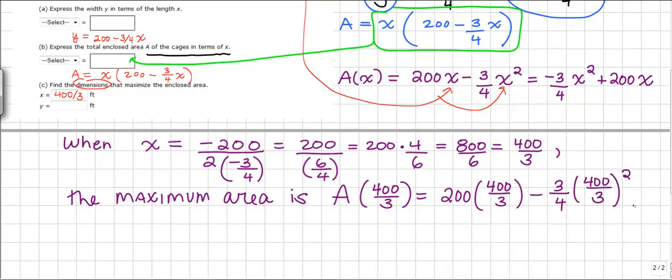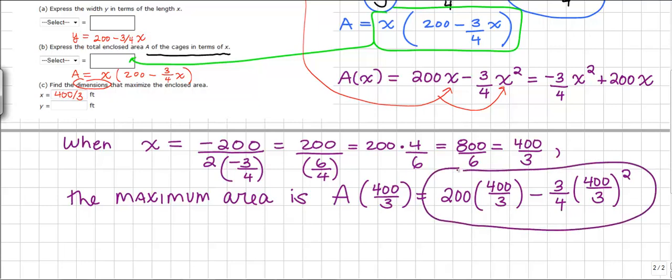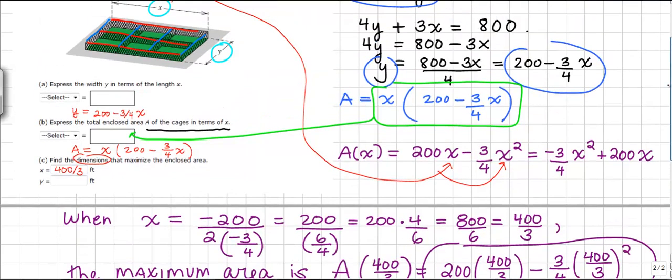So if I needed the maximum area, this is it: 200 times 400 over 3 minus 3/4 times 400 thirds quantity squared. But notice the question said find the dimensions. This is your area, the total enclosed area. So you found the maximum area.